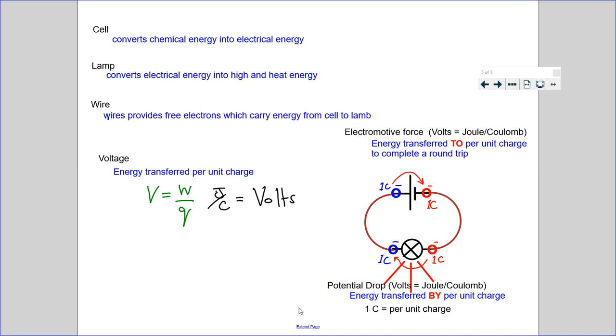Whether we call it electromotive force or potential difference, technically they are both energy transferred per unit charge, whether to or by, it doesn't matter. So both of these things are voltage, and both are measured in volts. Got it?